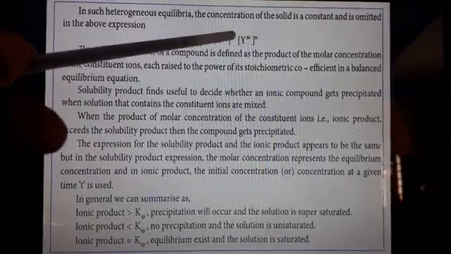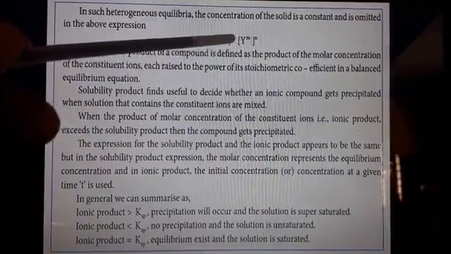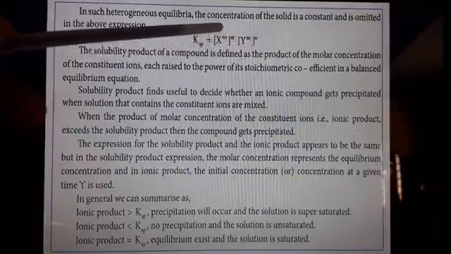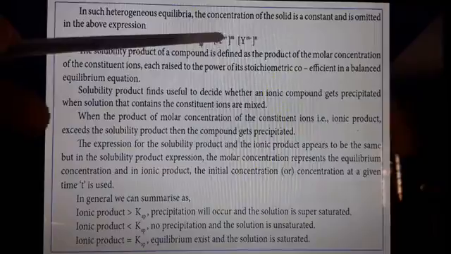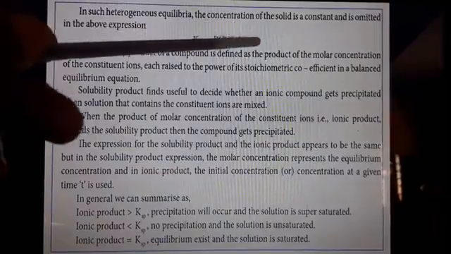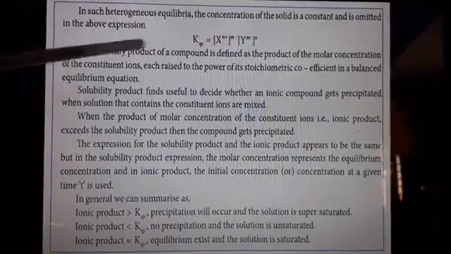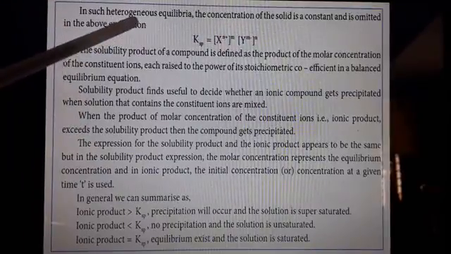The powers M and N are examples: M is the number of moles of X raised to the power, and N is the number of moles of Y raised to the power. This is the solubility product of the compound.